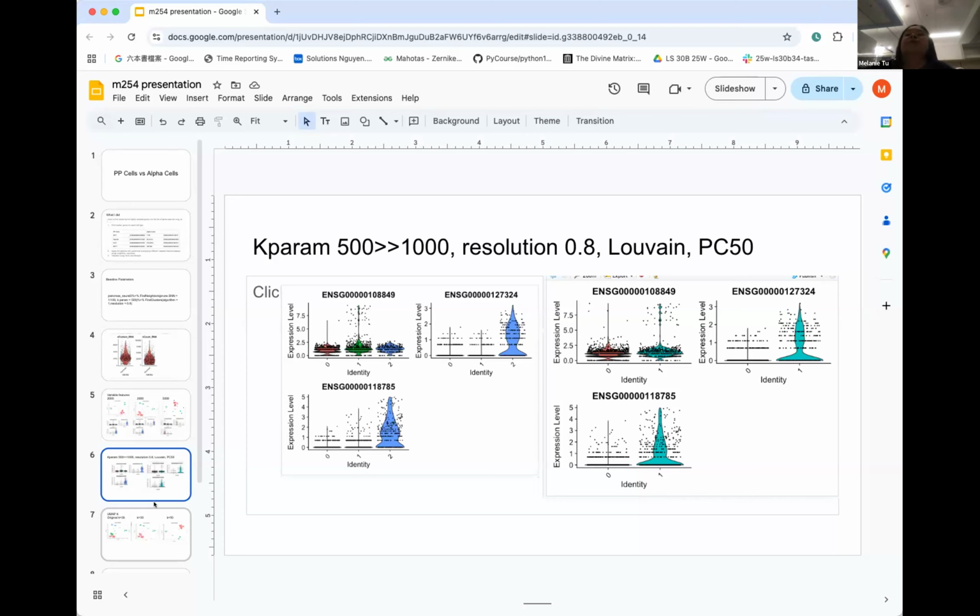Because the marker genes on the left are specifically for PP cells, I think that would mean that 0 and 1 would sort of be 2 different clusters for the alpha cells.